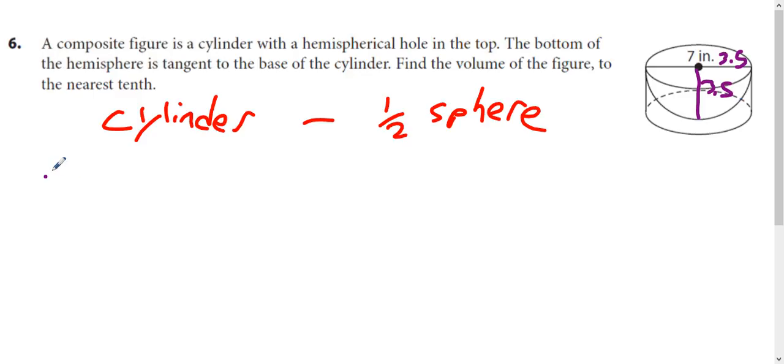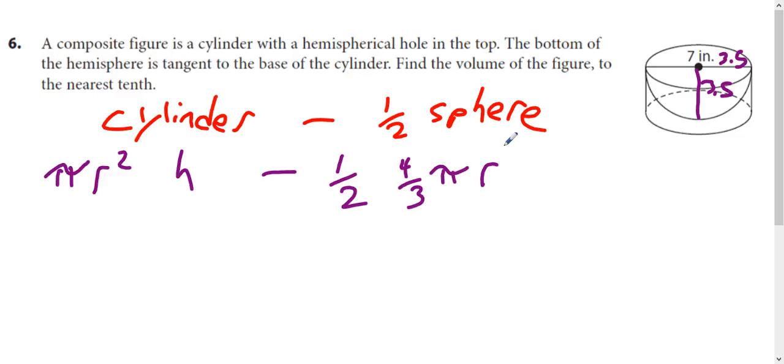So for your cylinder, you do pi times radius squared times height. And then for the sphere, it's half a sphere, so you do half. Formula for a sphere is 4/3 pi times radius cubed.